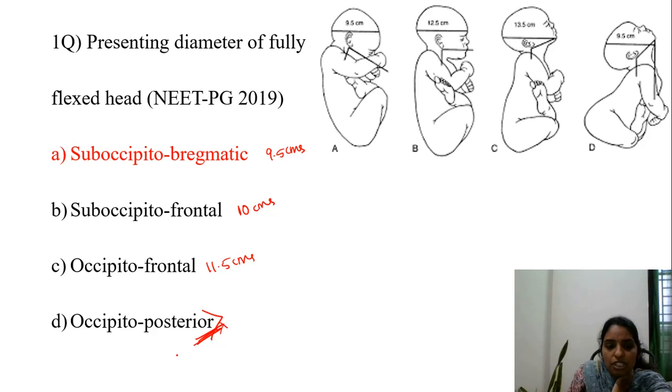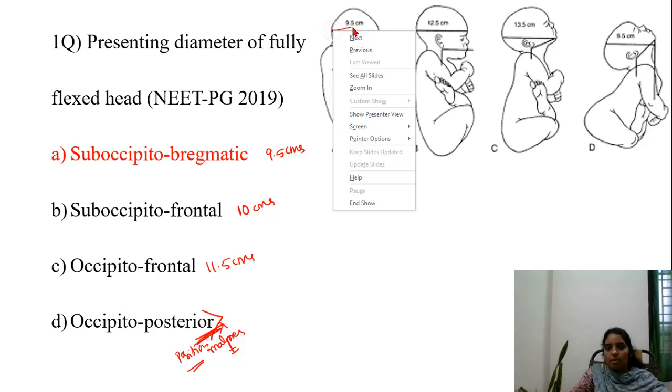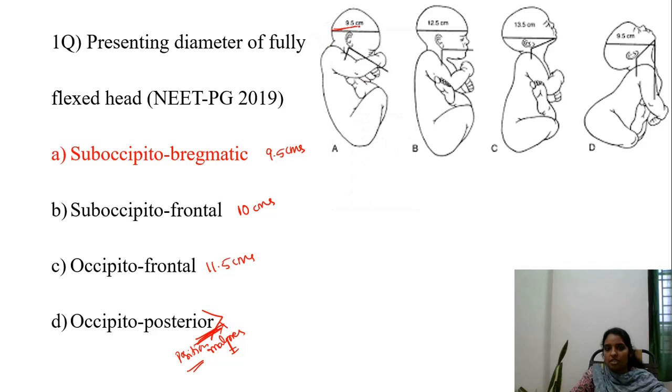It is a position in which the fetal head is just a malpresentation. See here, for clarity I have given the diagram. This is the shortest diameter, 9.5 centimeters, and the fetal head will be engaged in that only, in the fully flexed condition.